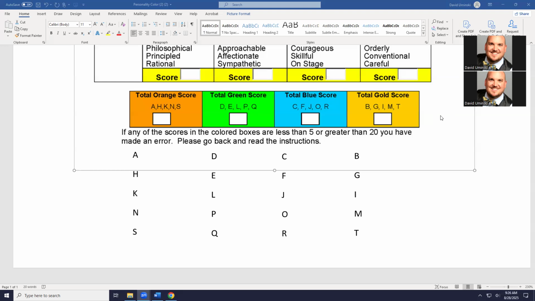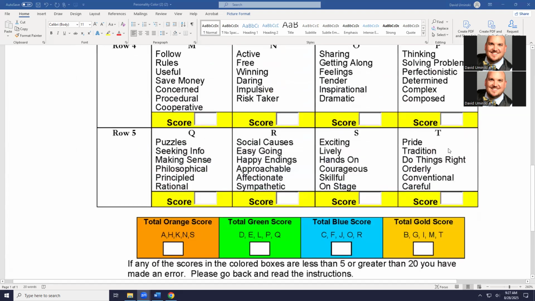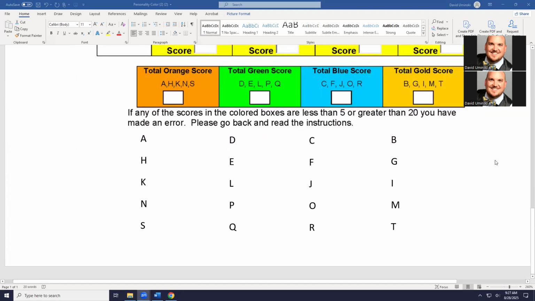I wrote all the letters underneath the corresponding color boxes. Once you have all those numbers filled out, add them up and get your total color score for orange, green, blue, and gold.